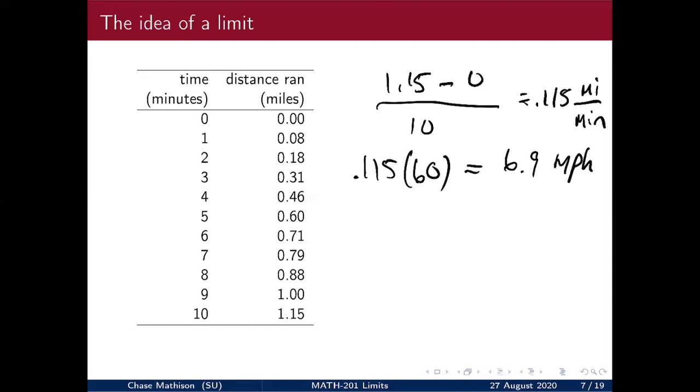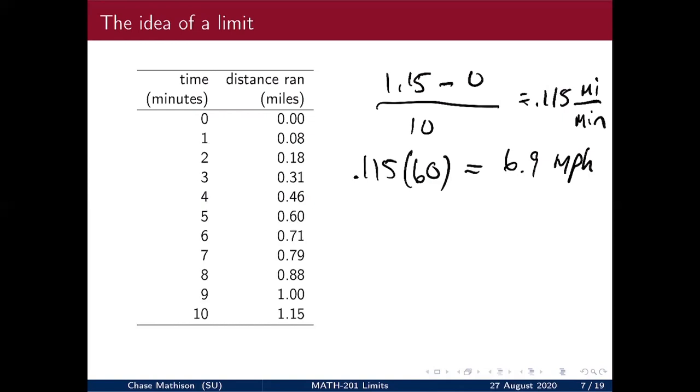Okay, so that's not a bad guess at what our actual speed was, but what would be a better guess from this data here? That was our average speed over a 10-minute interval, right? My speed at the start of the run maybe didn't really affect my speed 10 minutes into the run, right?